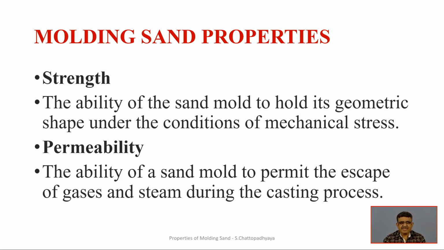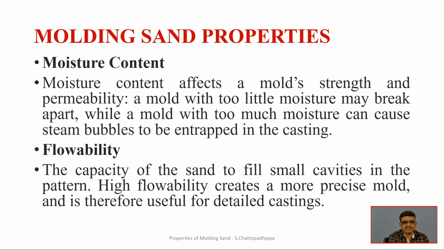In the vicinity, the present moisture is instantaneously converted to steam, and that steam in the form of bubbles needs some escape route. If the mold is permeable, it has a very good escape route, then the quality of the casting will be retained. But if it is not, the steam will be present there itself and leave a permanent mark, and the casting will be defective because of that presence.